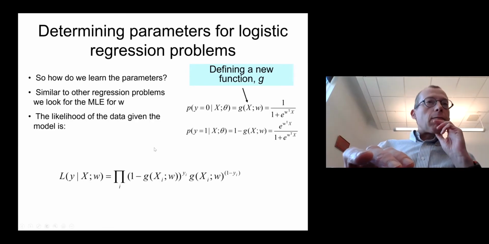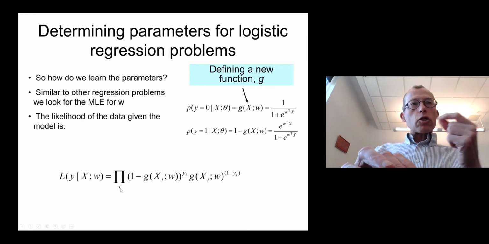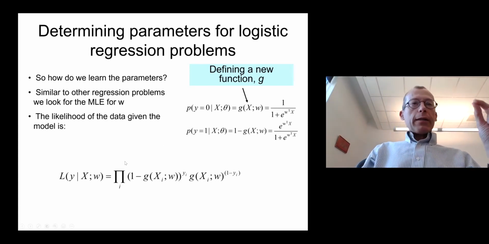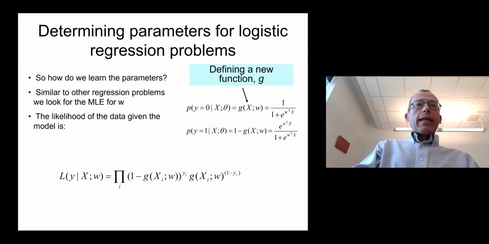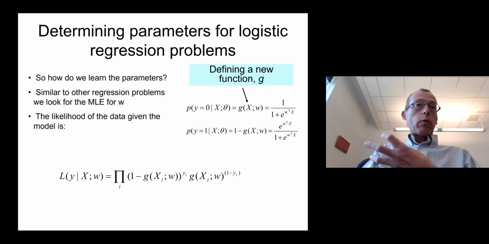So this is the maximum likelihood estimation. And I'm using a slight, I don't want to say a trick, but a shorthand notation for that. Basically, the maximum likelihood estimation is the probability, right, of the data given the model. What is the data? The data is basically the label that we assign to each of the samples.